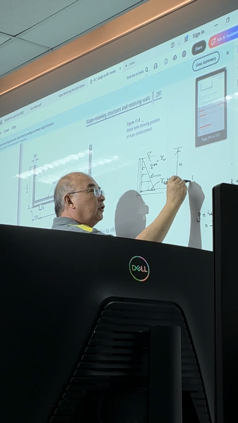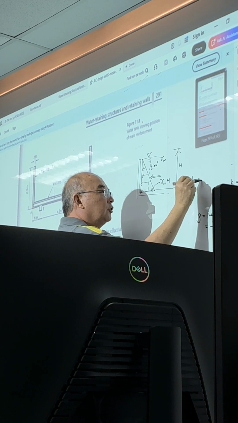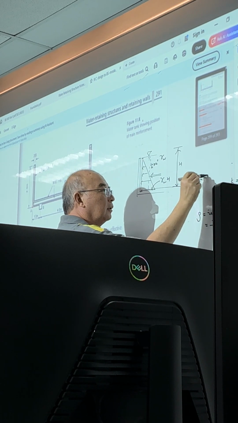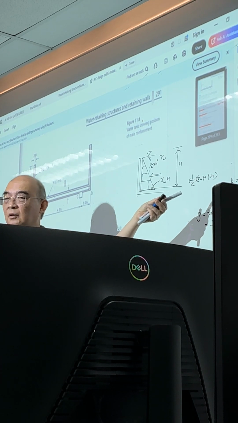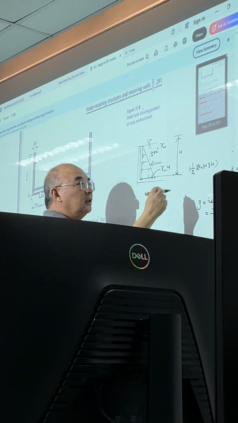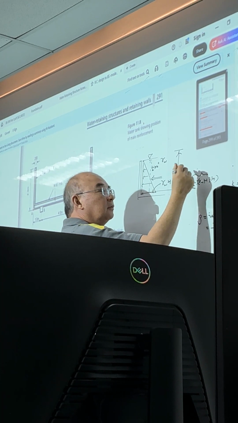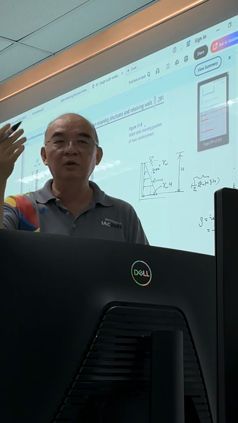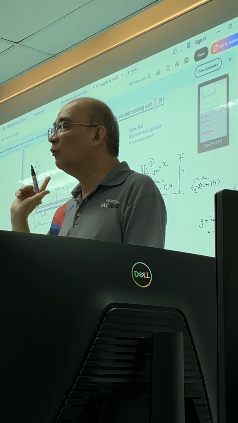Just now you tried to calculate half gamma h and h, half base height, right? The way that I look at it is half gamma h is the average stress. And average stress is uniform, right? And multiplied by the length will give you the force. And this is the force.